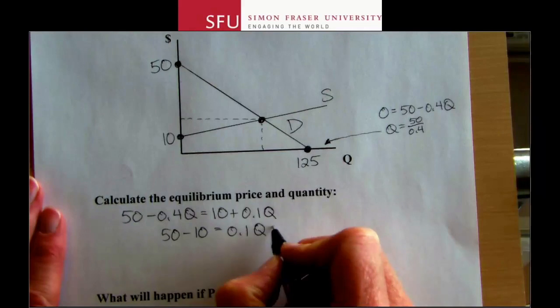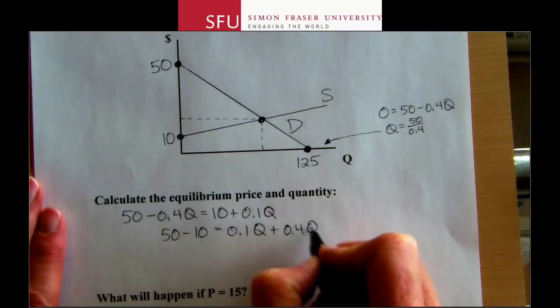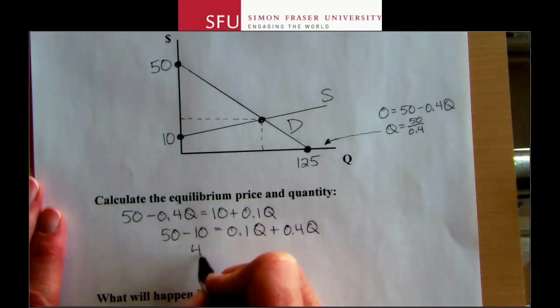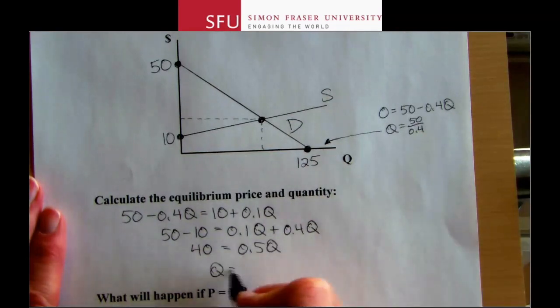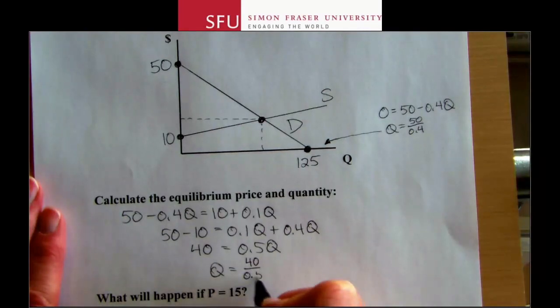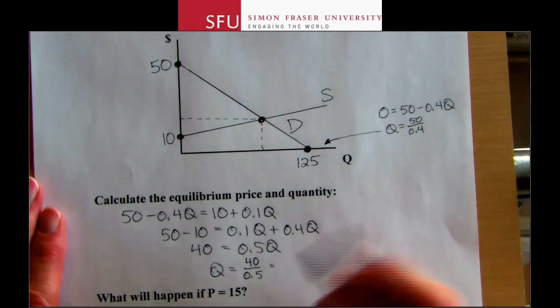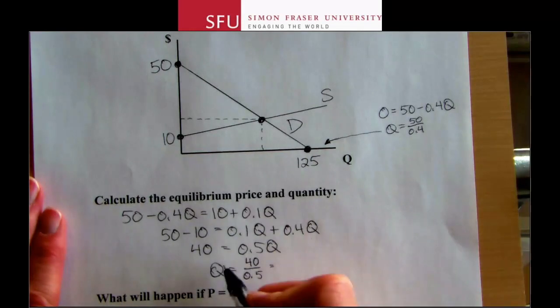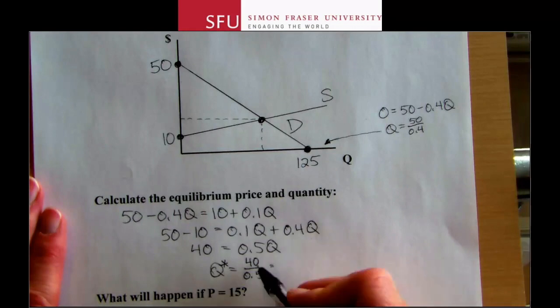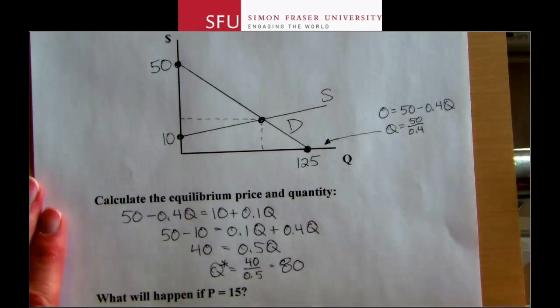So 0.1 Q plus 0.4 Q. So this quantity, which we can add a star to, so it's the equilibrium, Q star, 40 divided by a half, so that will be 80.